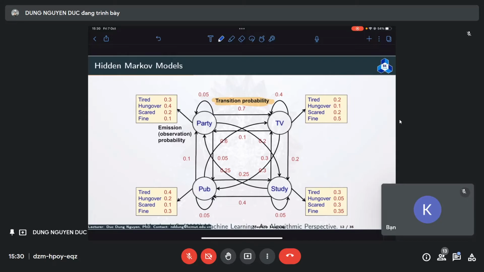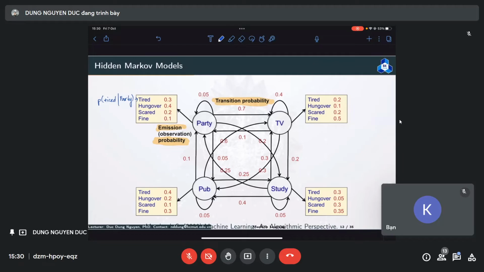All right. Another probability that you may need to know is called the emission probability. The emission probability shows you the chance of observing something, given you are in a state. For example, the probability of observing tired, given you did party last night, is going to be 30%.